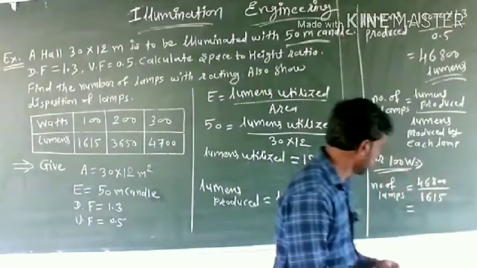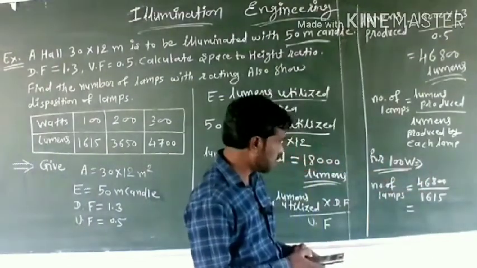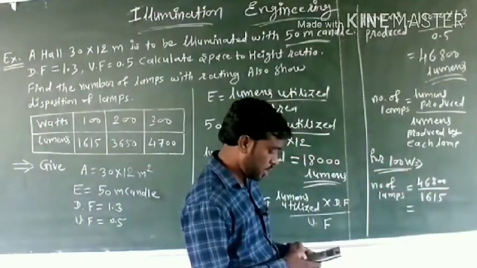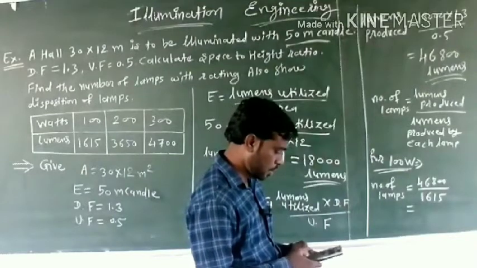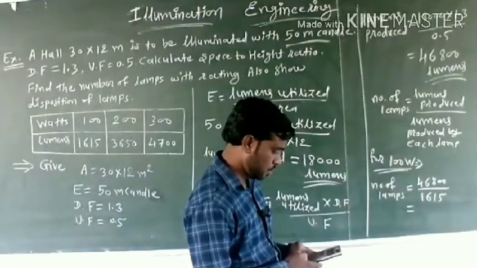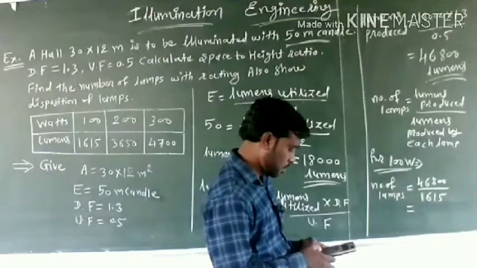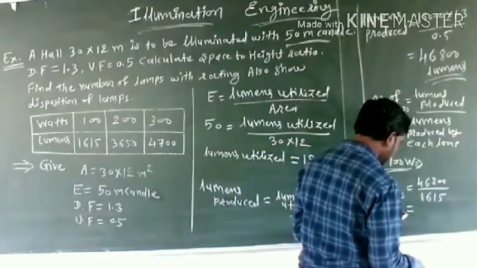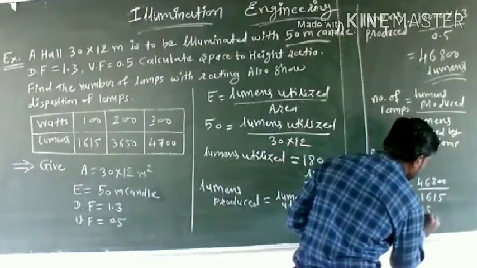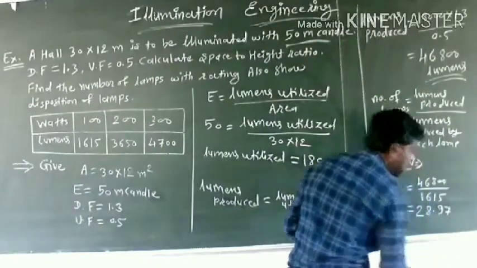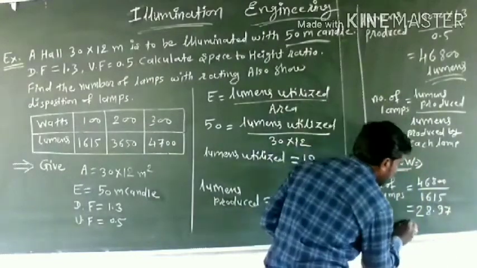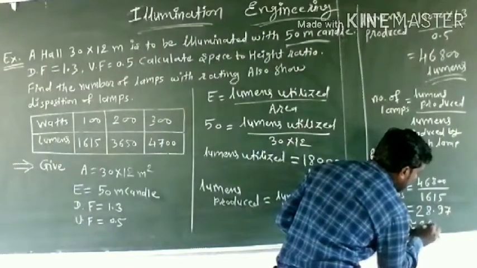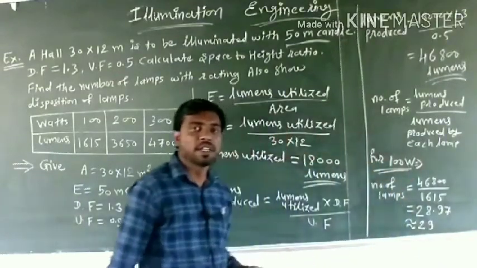When we solve this, 46,800 upon 1615, we get 28.97, approximately 29.